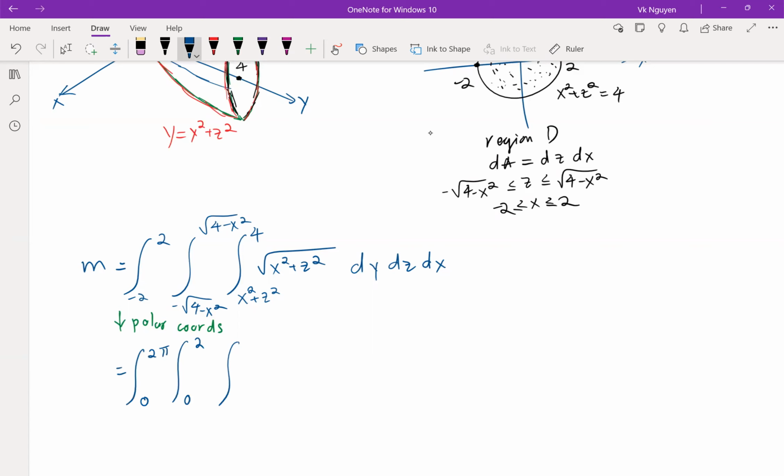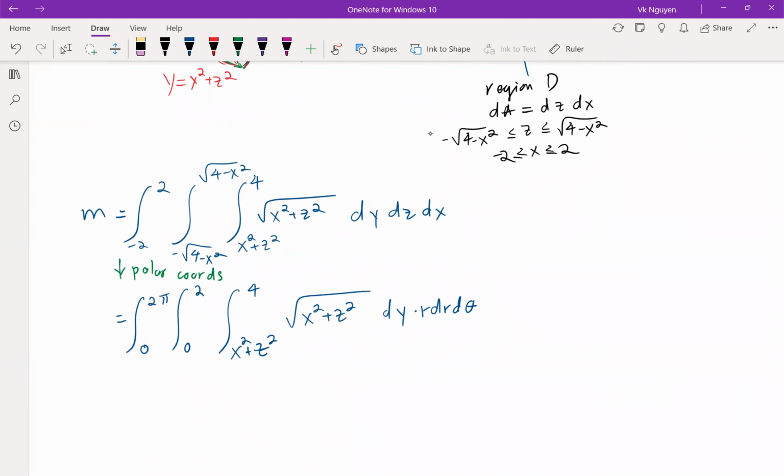But then for the polar coordinate here, you still have a x square plus z square, 4, root x square plus z square dy dz. Instead of dz dx, it's going to be r d theta.